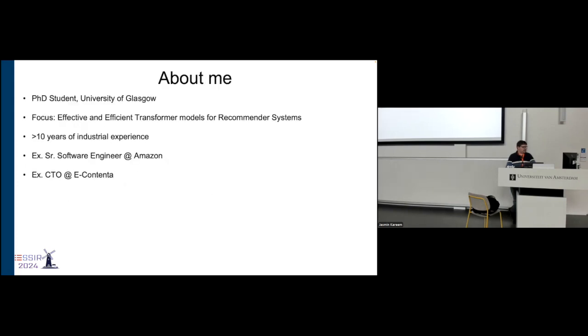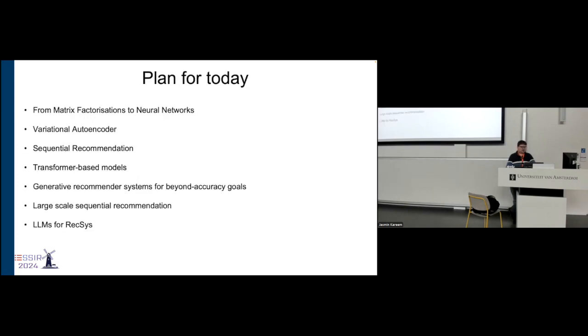Today's lecture is on neural recommender systems. I hope that you remember that there was already a lecture on recommender systems in this school, and I will start from where the previous speaker ended, more or less, with a bit of a recap, and then we'll explain the connections between the classic recommender systems and more modern approaches.